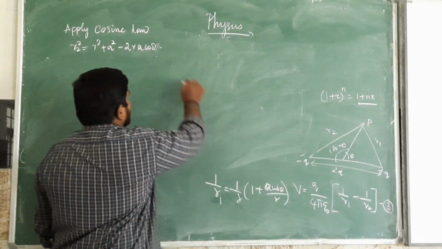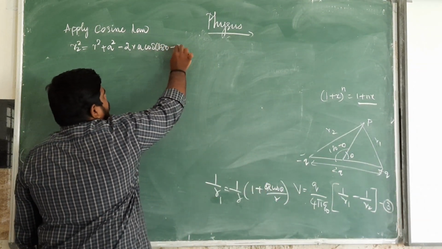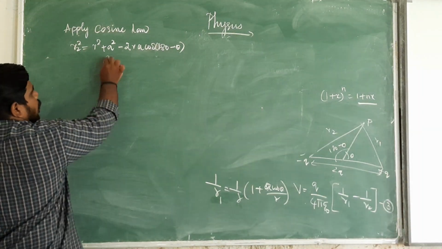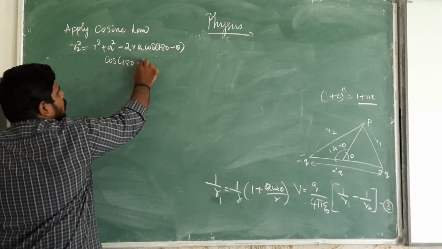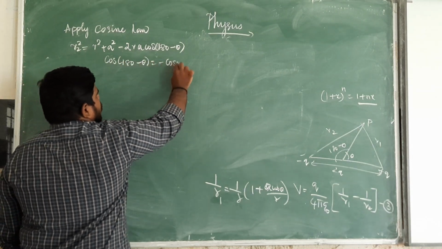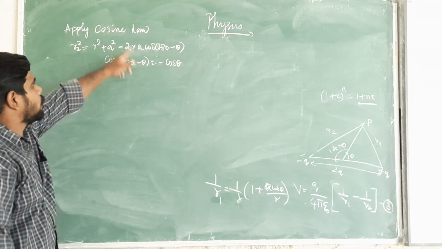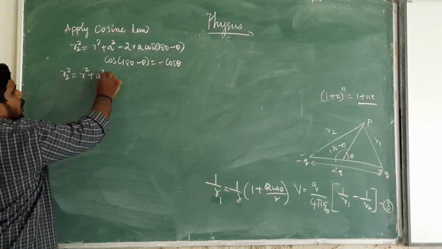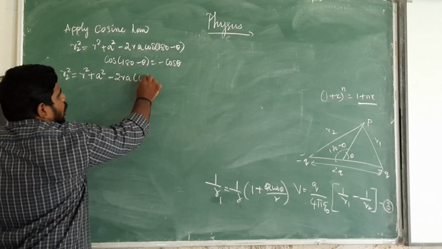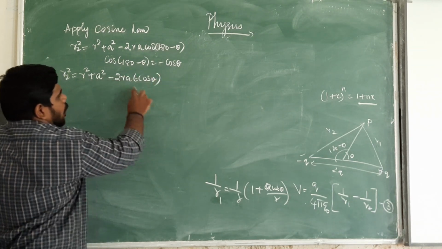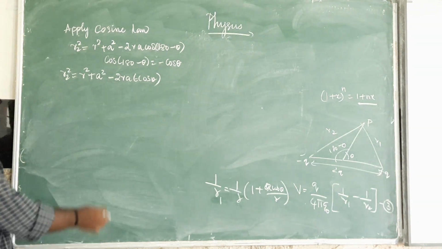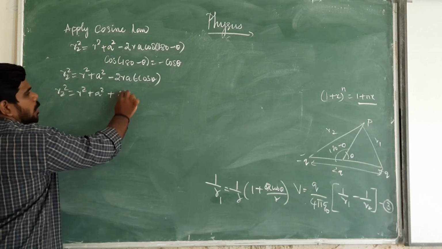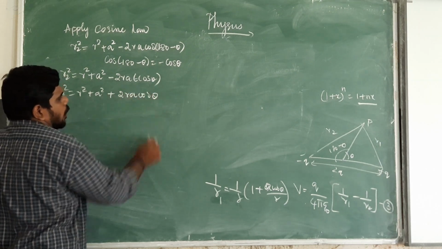The formula for cos of 180 minus theta is minus cos theta. If you substitute this, R2 square is equal to R square plus a square minus 2Ra into minus cos theta. Minus into minus is plus, so R2 square is equal to R square plus a square plus 2Ra cos theta.